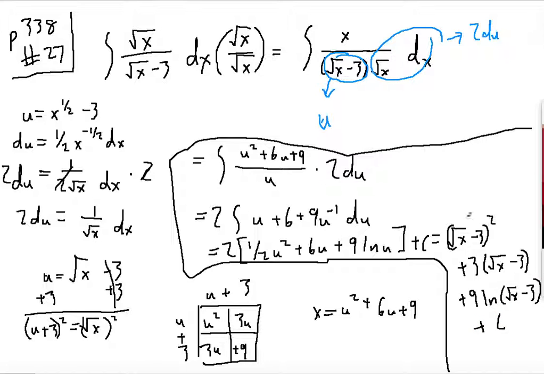And you could distribute some of the things here, cancel and combine some like terms. Of course, nothing will combine with the natural log.